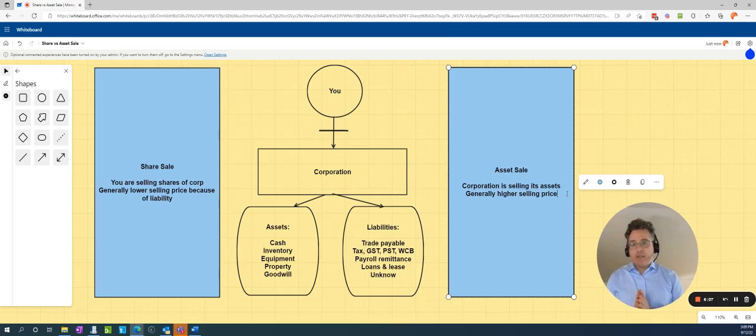All right. Let's look at the tax situation. If you are selling the shares of your corporation, how much did you pay for the shares? So this would be a capital gain. It would be essentially how much you're selling the shares for minus how much you paid for the shares, which is generally a very minimal nominal value, so maybe $10, maybe $100.